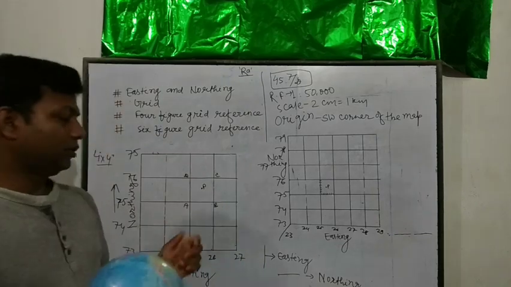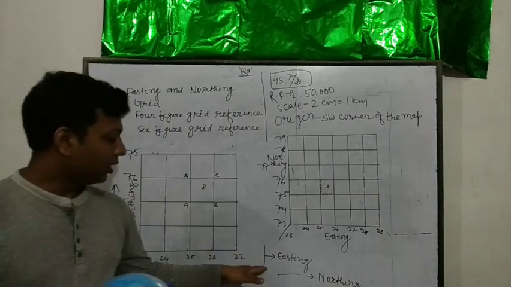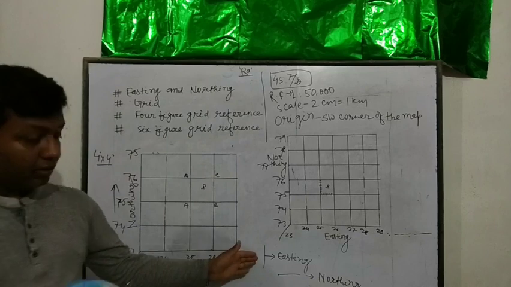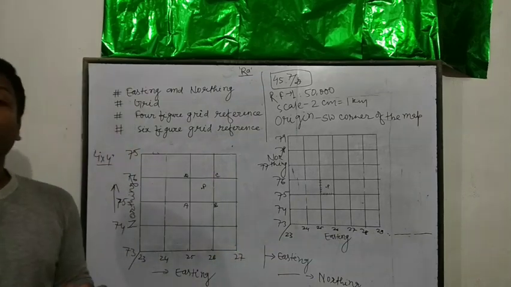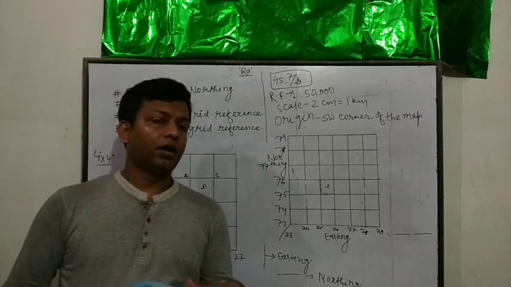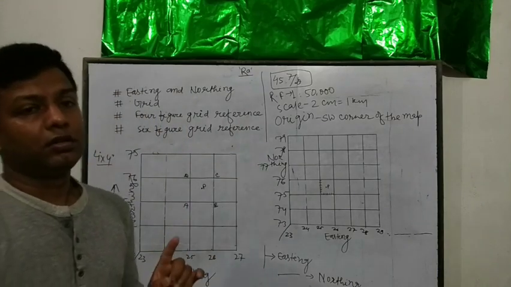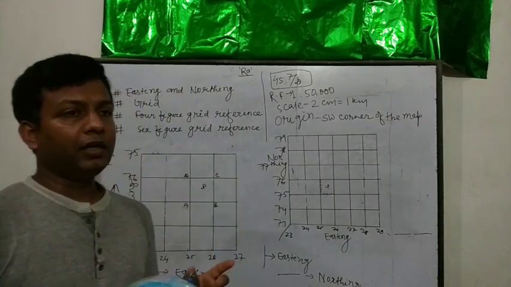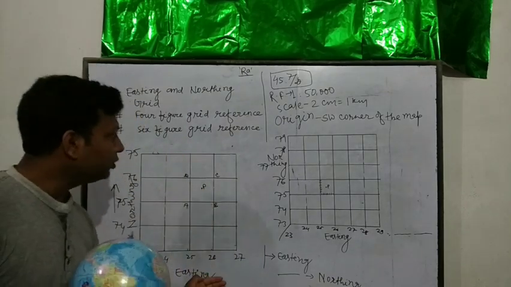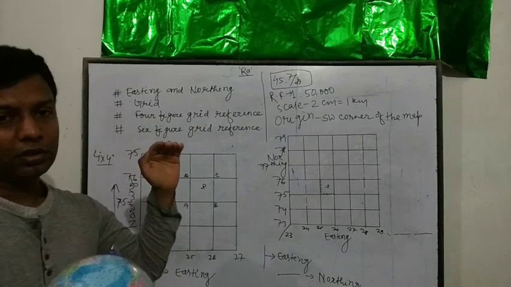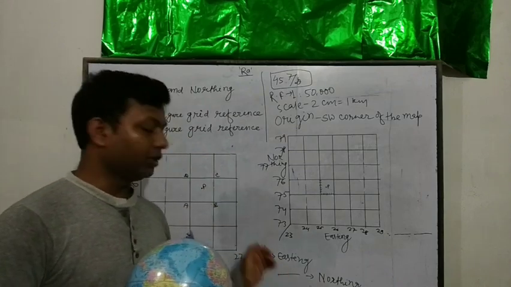As you know, I will write this easting and northing here only for you to remember. Just remember it like that. The vertical line, that means from south to north, is what? It is easting.